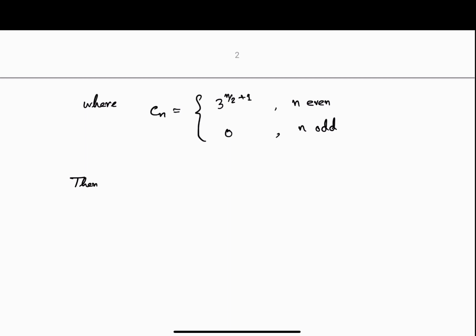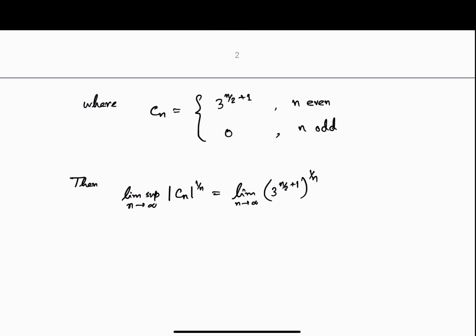So the lim sup as n tends to infinity of Cn to the power 1 by n: since 3 to the power n by 2 plus 1 is a positive number, one subsequence goes to 0 and the other is the bigger limit. So the lim sup is the same as the limit as n tends to infinity of 3 to the power n by 2 plus 1, whole to the power 1 by n.